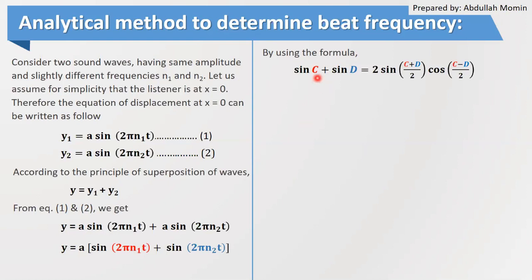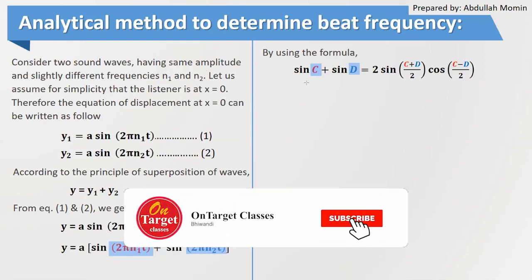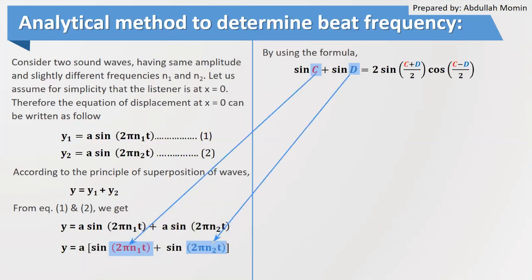In red color, this is C. We will consider this red bracket as C, and the blue color is D. We will consider this blue bracket as D. So the formula of sine C plus sine D is 2 sine (C plus D) divided by 2 into cos (C minus D) divided by 2.